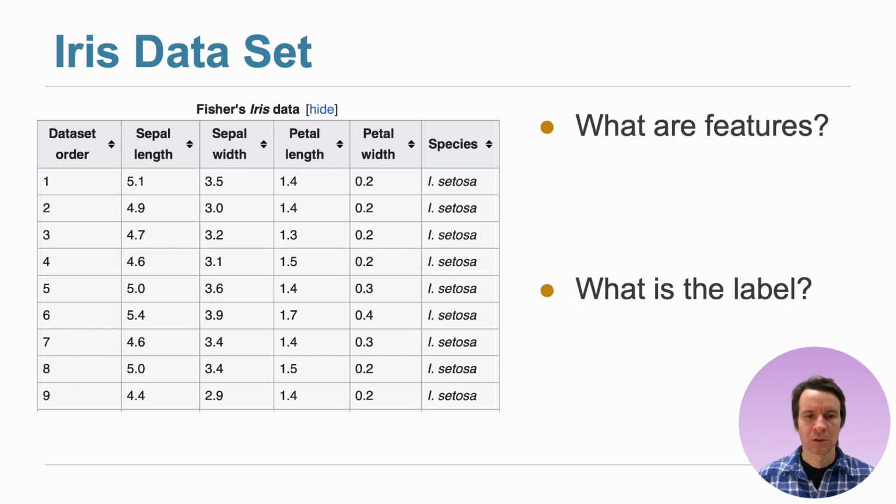Right? So the definition of feature and label depends on what is the thing you want to predict, that's the label, and what are the things that you know, that's the features. Right? Typically, if you are having some data set, you pick one column to be the label and the rest to be the features.